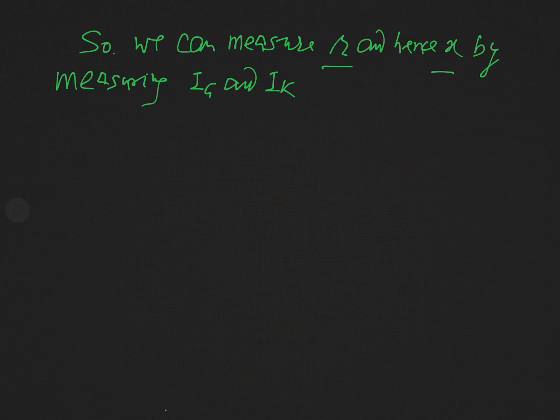Now if X is determined, a relation between pressure and temperature is obtained by the Saha's equation, as you have seen this equation just now, as all other parameters of Ca atom are known.